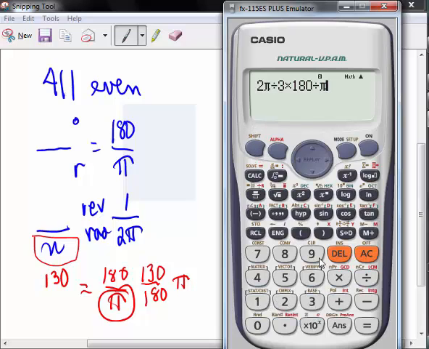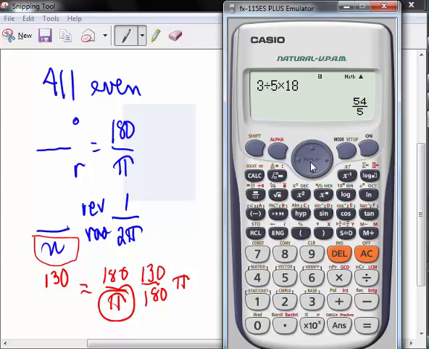So if you notice, since you're multiplying by pi and then you're dividing by pi, for all of these numbers we can ignore the pi and just take 2 divided by 3 and then multiply that by 180, and we get 120.